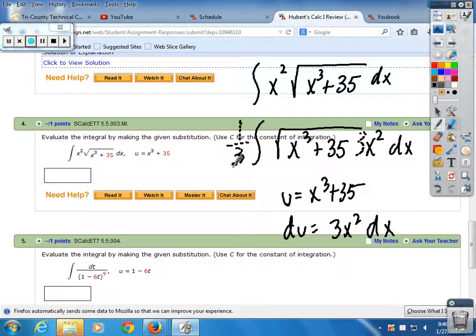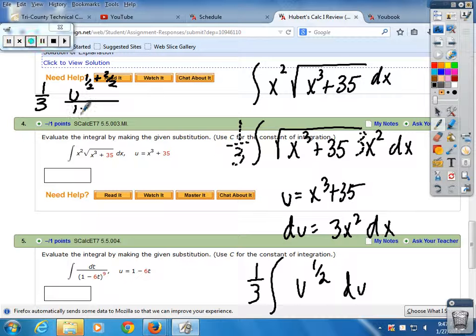So we have 1/3 the antiderivative of u to the 1/2 du, and that's going to be 1/3 u to the 1/2 plus 2/2 over 1/2 plus 2/2.